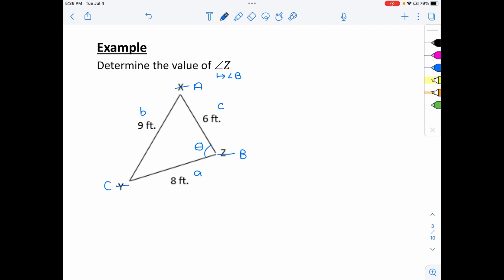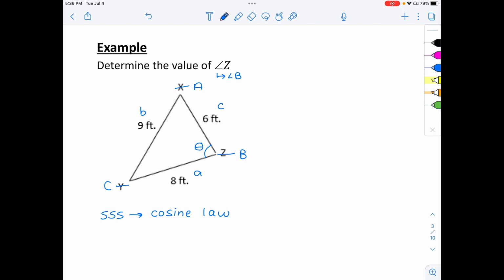Looking at the triangle, we can tell it's obviously not a right triangle because there's no 90-degree angle indicated. I don't have an opposite pair, right? I don't know any of the angles. However, I do have side, side, side. So that's what tells me I'm going to use cosine law. The way I decide which iteration of the formula to use is based on which angle I'm trying to find.